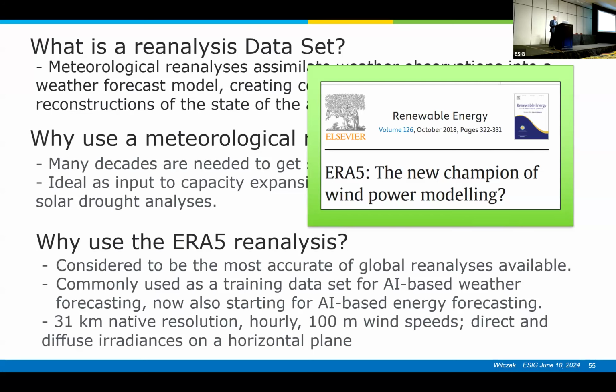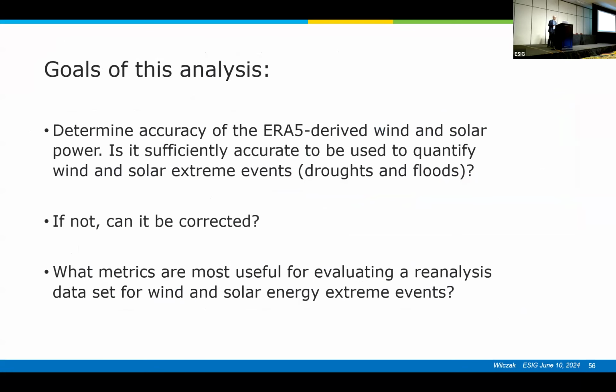In any case, the observations that I will be using in this talk are hourly values of 100-meter wind speeds together with surface temperature and pressure, and then the direct and diffuse irradiances. And so the overall goals are to evaluate the accuracy of the ERA-5 for wind and solar energy, but not just in a mean sense, but also looking at the extreme tails of the distribution, especially at wind drought and flood events.